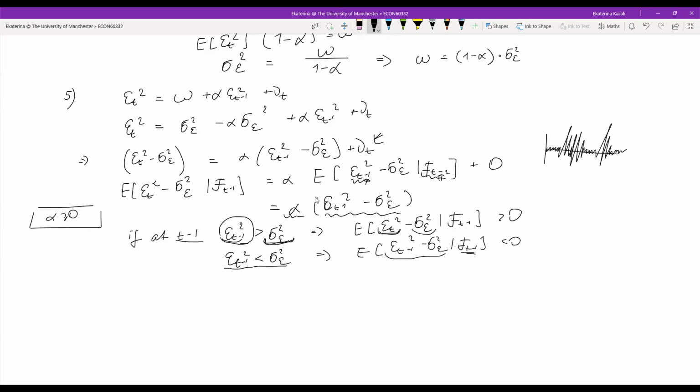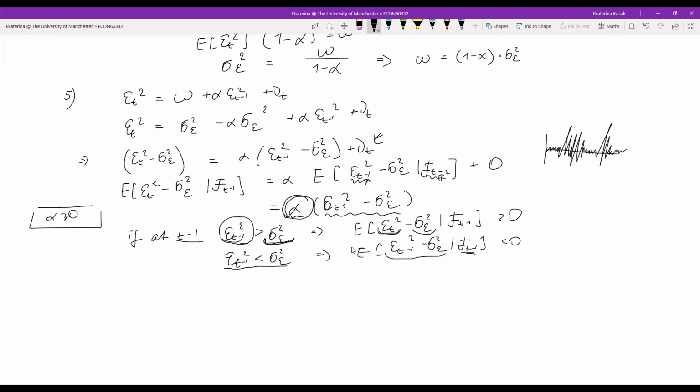And the way the new information decays is the alpha. The higher the alpha, the larger the persistence of those shocks. This is a shock, as this is the difference between the squared epsilon and its unconditional expectation. And if alpha is very large, this difference would propagate across time.